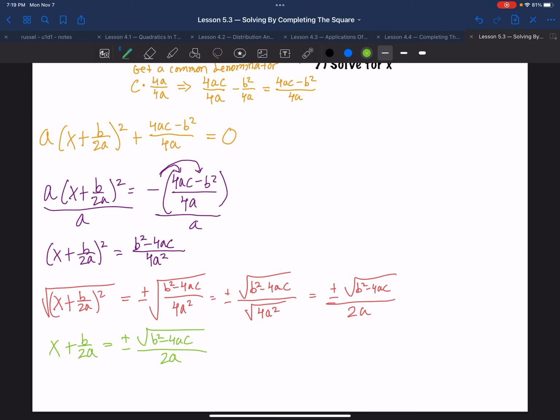And I'm just going to subtract this. This yields X equals negative B over 2A, plus or minus square root b squared minus 4ac over 2a. But notice these have a common denominator.